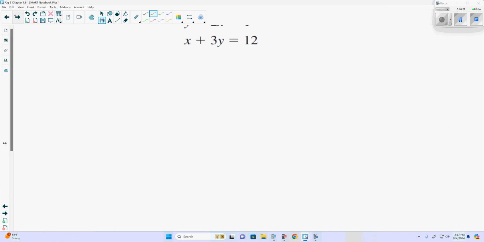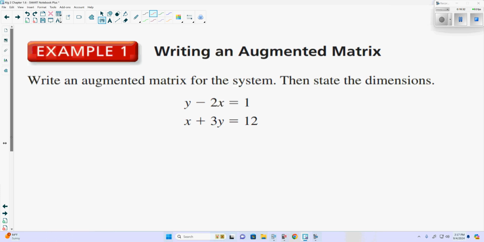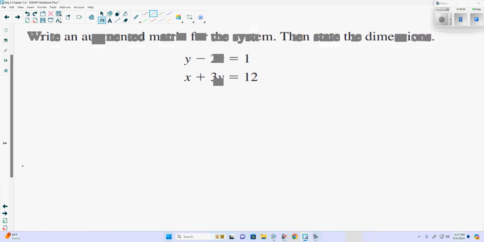Well, let's look at the first one. Write an augmented matrix for the system, then state the dimensions. Well, the second equation is x, y equals number, yes?